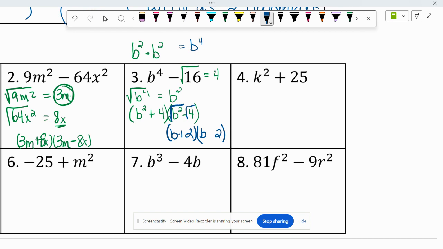So one gets a plus and one gets a minus, and I'm just going to put this one right in front of it. So I have b squared plus 4 times the quantity b plus 2 times the quantity b minus 2. That's higher level thinking, right? That's a serious type of question because we know that we have a power of 4 there. This is a 4th degree polynomial.